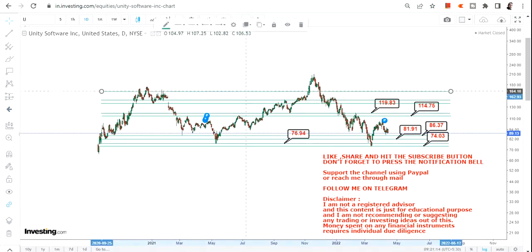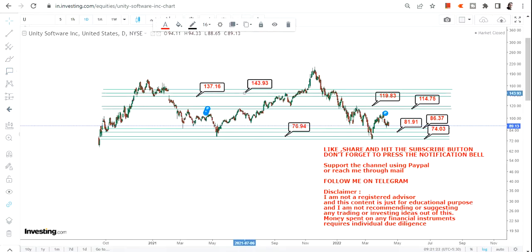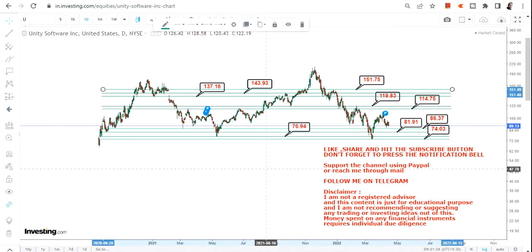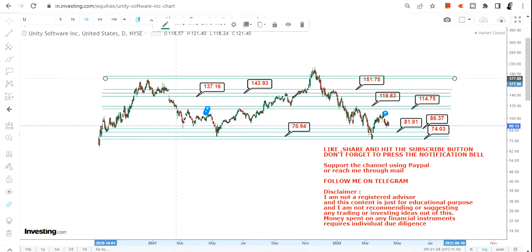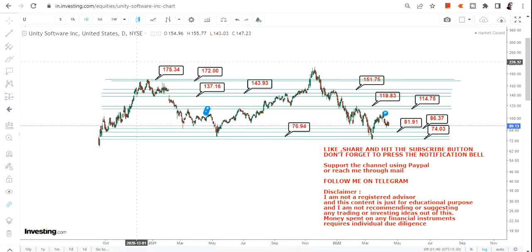Now this time there will be 3 levels, so 137, you have 143, and you have 151. So these will be the next 3 levels, and then the upper end of the range we have here is 172 and 175.